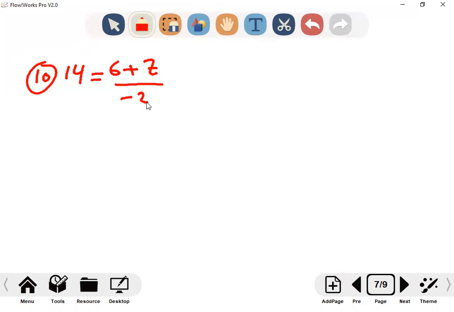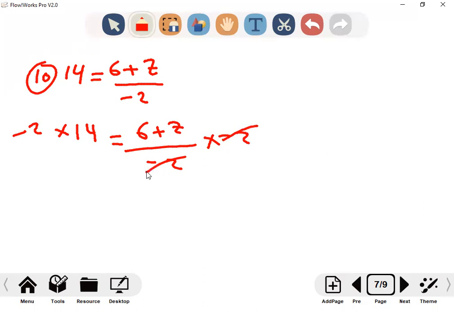Okay, here I need to get rid of negative 2, right? Multiply both sides because we are dividing by negative 2. So 14 equals 6 plus z over negative 2, times both sides, so that 6 plus z equals 14 times negative 2, which is negative 28.